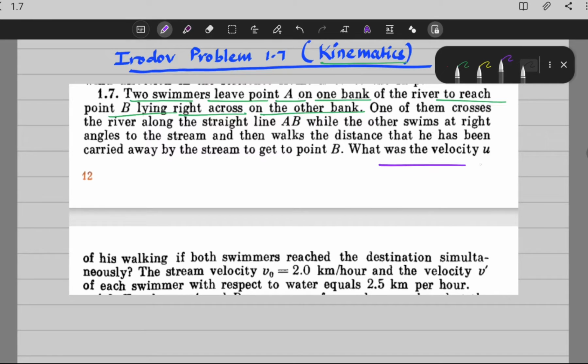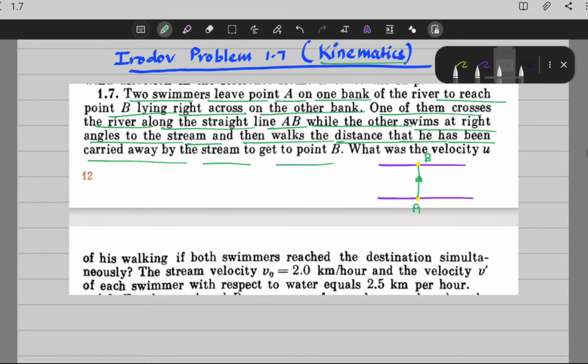So these are the two banks of the river, and this is point A, this is point B, and the swimmer wants to move from point A to point B. One of them crosses the river along the straight line AB, while the other swims at right angles to the stream and then walks the distance that he has been carried away by the stream to get to point B. Now we have to understand what these statements are trying to convey.